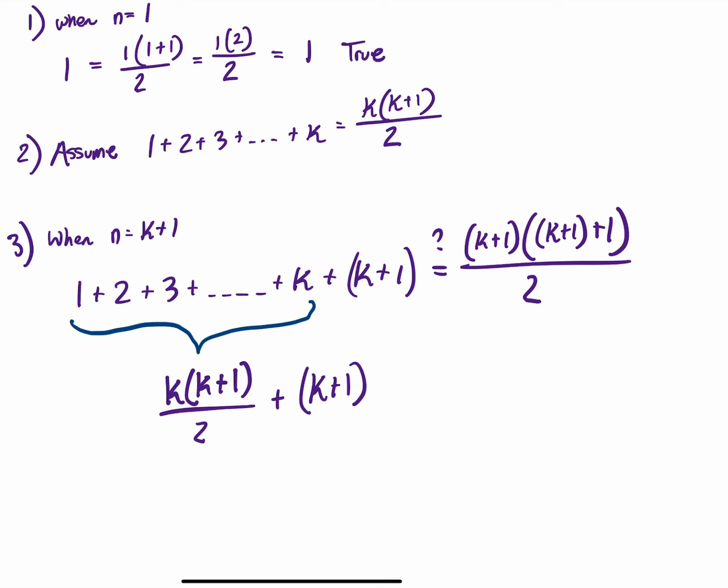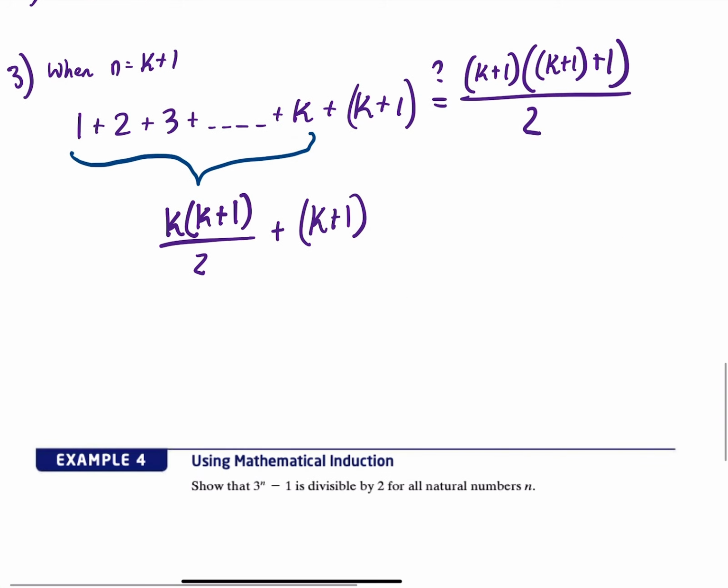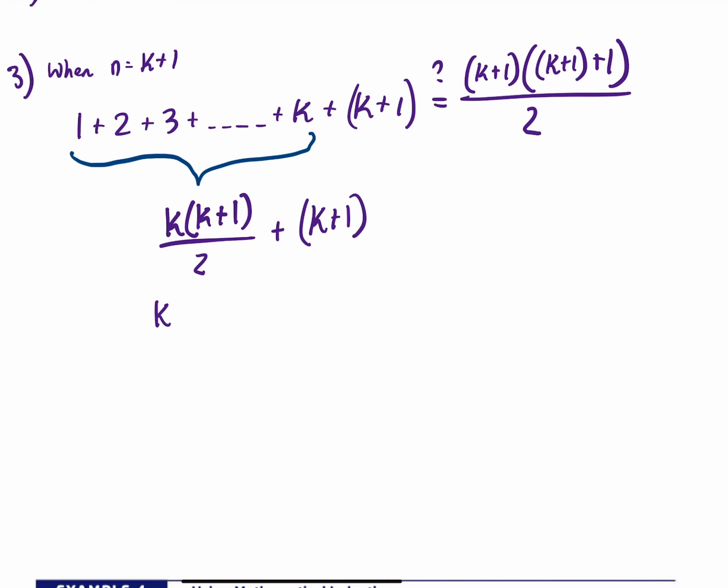So it looks like we want to be all over a denominator of 2. So let's get a common denominator. This would be k times k plus 1 over 2. For the second term, I can multiply the top and bottom by 2.